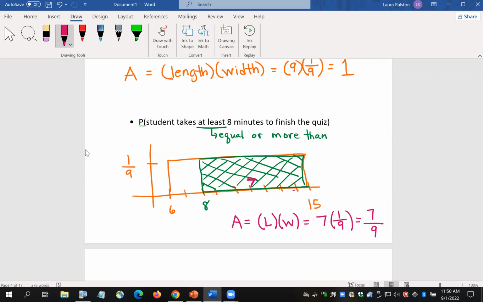If you want that as a decimal, 7 divided by 9 is approximately 0.7778 when you round to 4 places. So there's about a 78% chance that a student is going to take at least 8 minutes to finish the quiz. This is ultimately the answer you're looking for because this corresponds to the probability. Now that answer should be between 0 and 1. It cannot be negative and it cannot be bigger than 1. So I'm okay.